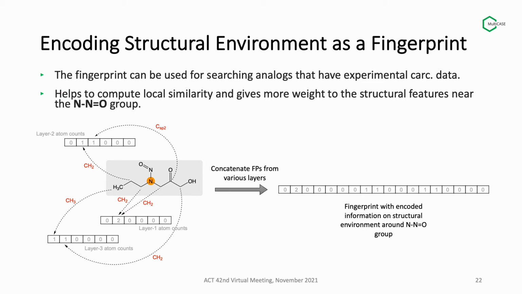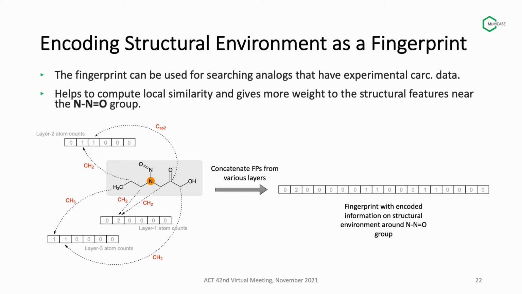Now, can we use the same principles of the importance of local features to find relevant analogs to predict the carcinogenic potency of nitrosamines? In order to do that, we need to build a fingerprint, because the fingerprint of a chemical is usually the way of searching for analogs.